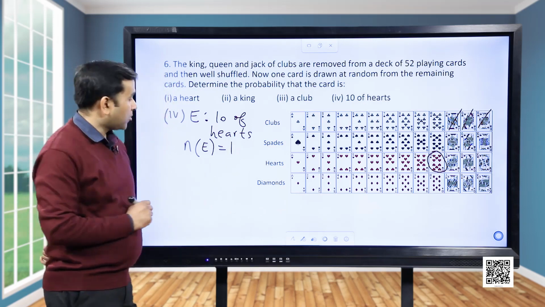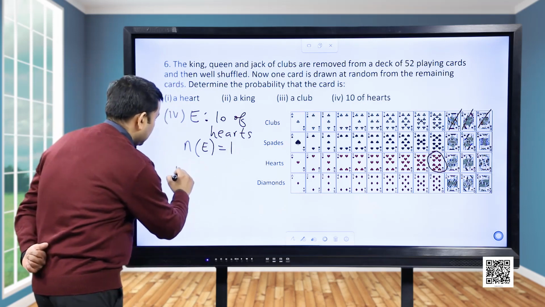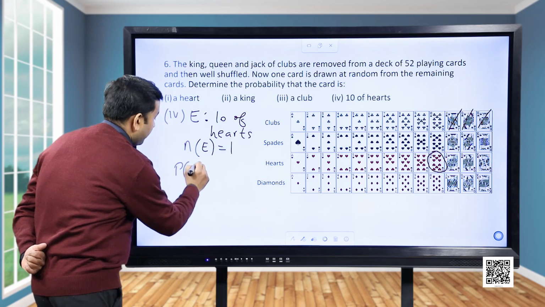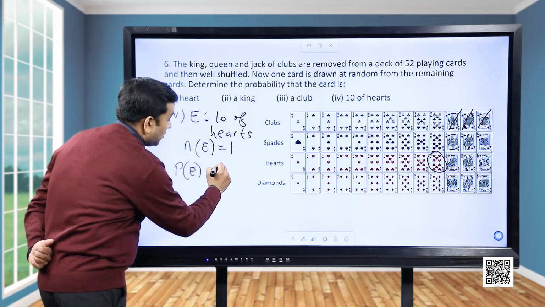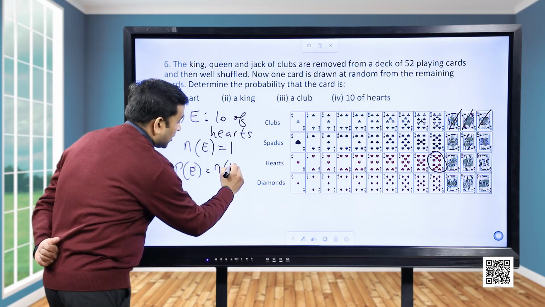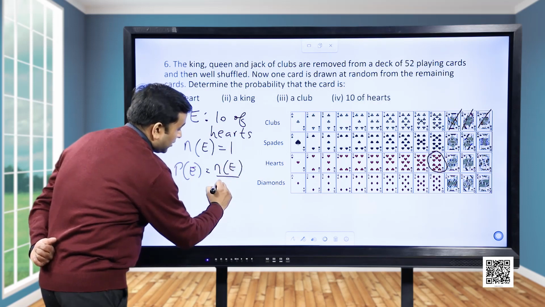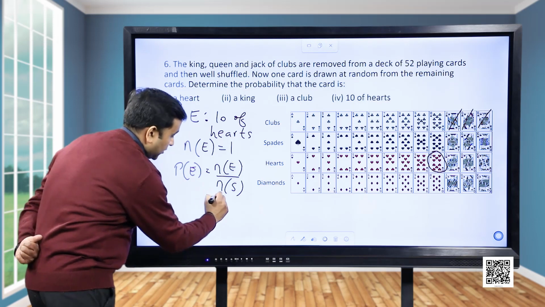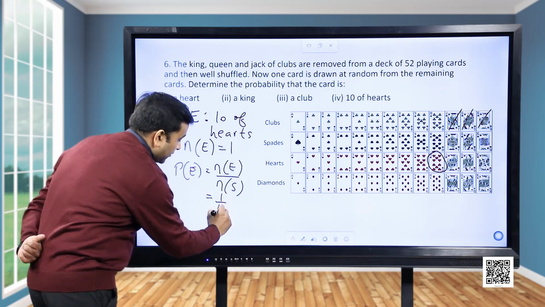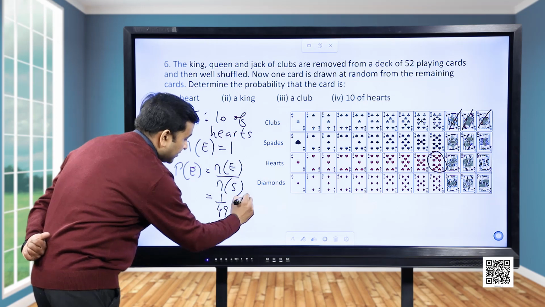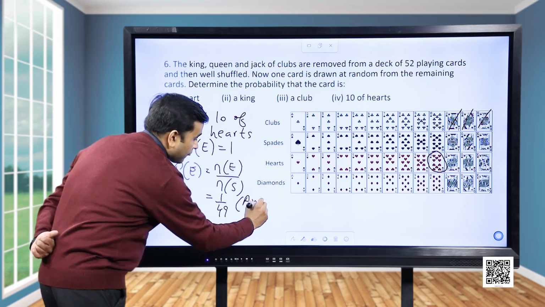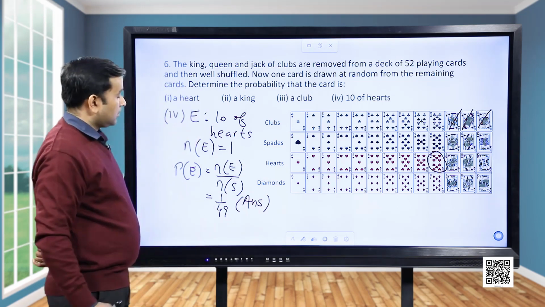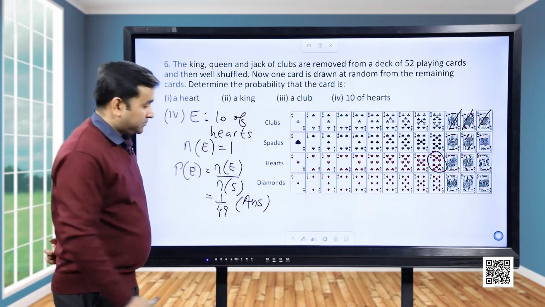And what is the required probability? PE equal to number of favorable outcomes upon number of all the possible outcomes, which is equal to 1 by 49, and this is our required answer. Okay, understood?